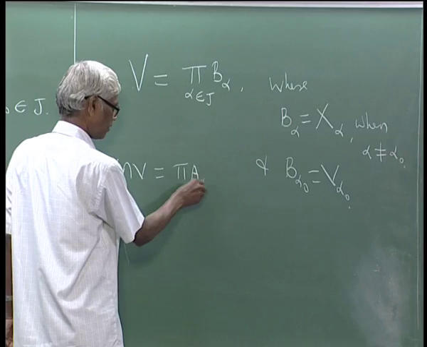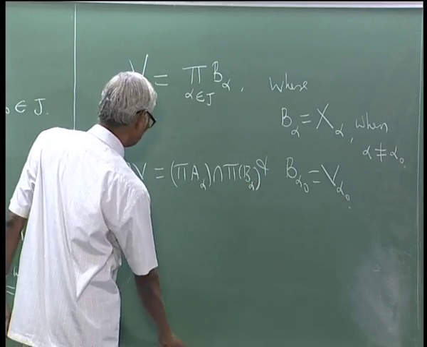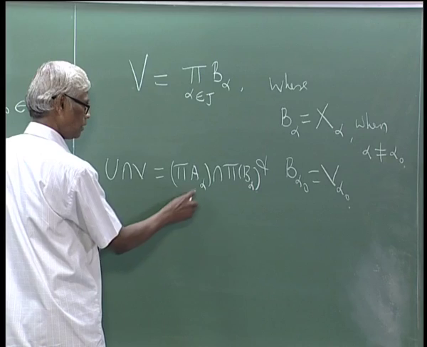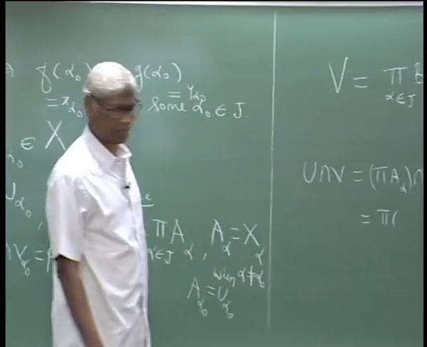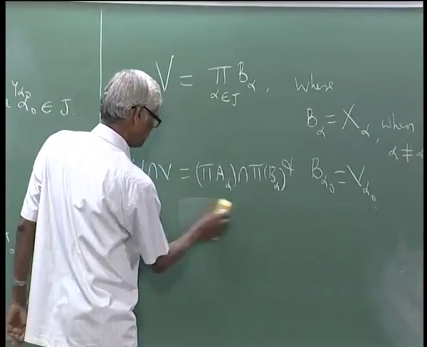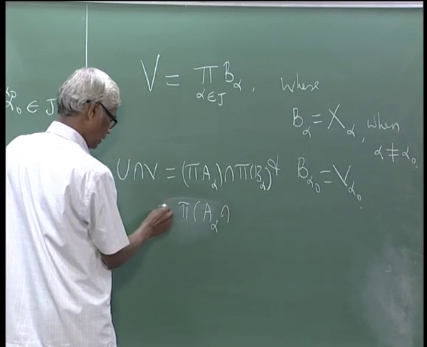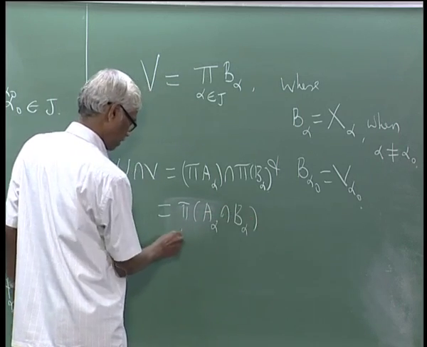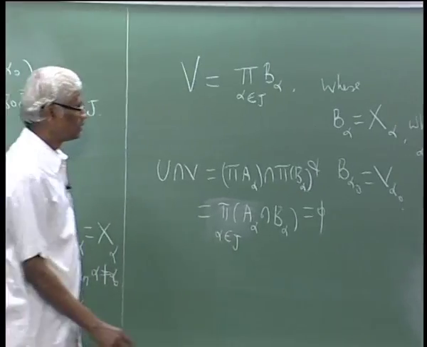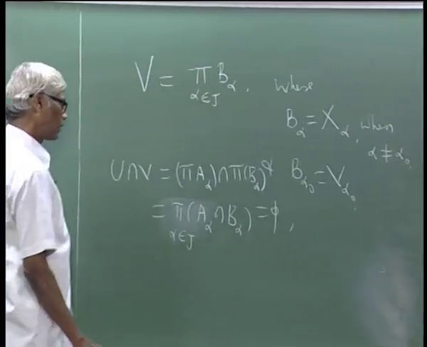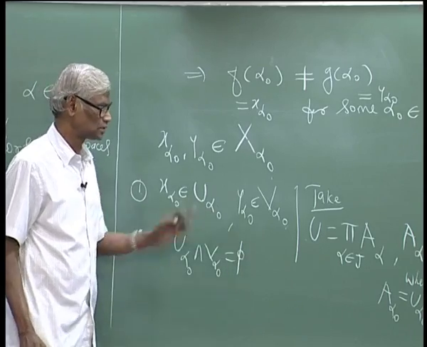U intersection V is nothing but the product of A_alpha intersection B_alpha, alpha belongs to J, which is empty, since when alpha equals alpha_0, the corresponding A_alpha_0 intersection B_alpha_0 is the same as U_alpha_0 intersection V_alpha_0, which is empty.